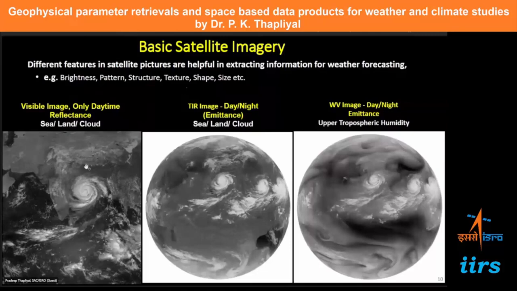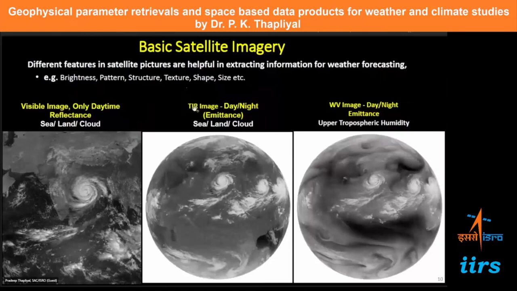This image in the visible region shows the reflectivity, the albedo, of different surfaces in the land or atmosphere. It shows only the reflectance of the Earth and atmospheric system.